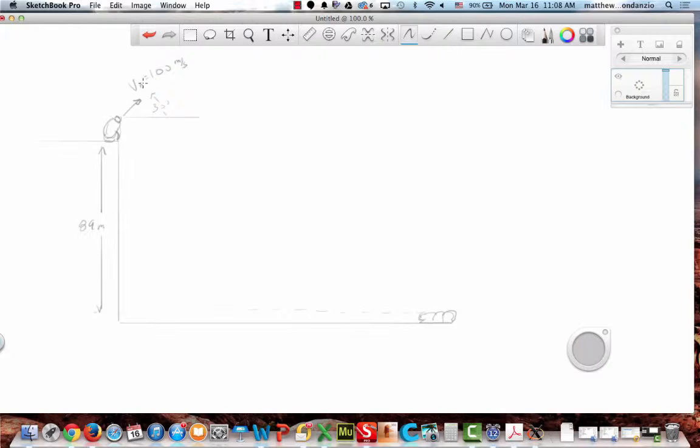Are we going to take into account how tall the cannon is or not? No. Yeah, you're right. Let's do it this way. Thank you. Let's just go right up to here. Don't get too crazy on that part. So we've got 100 meters a second at a 30-degree angle.